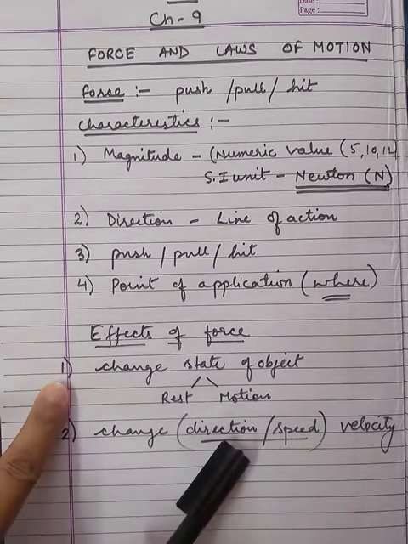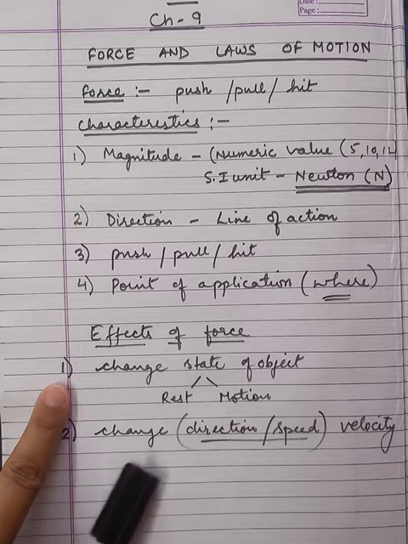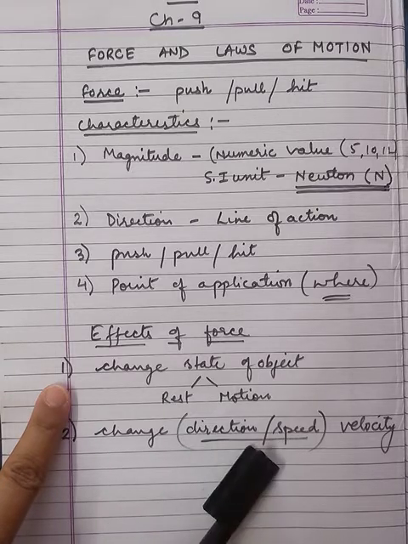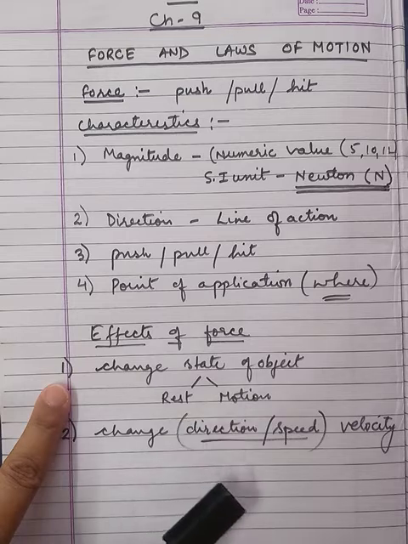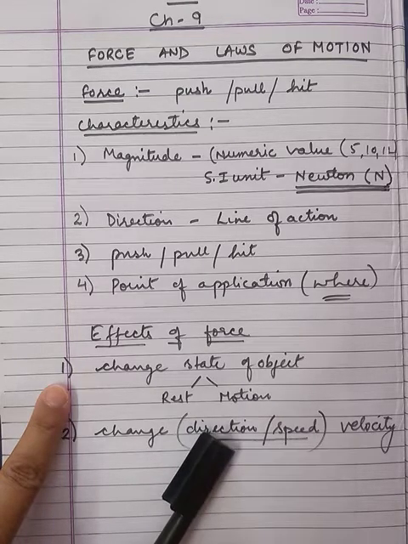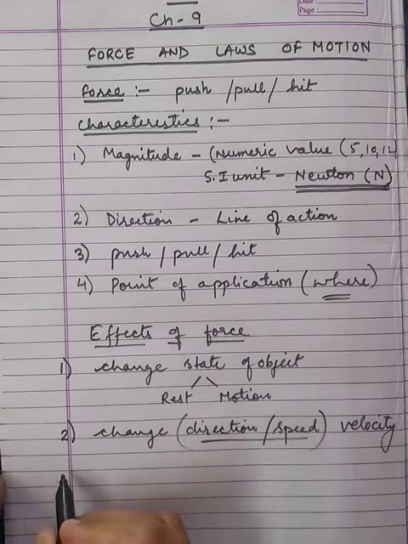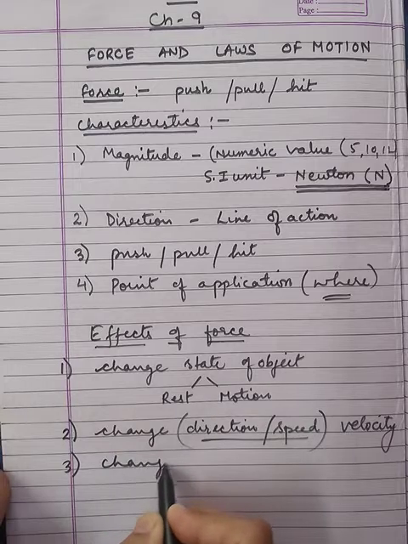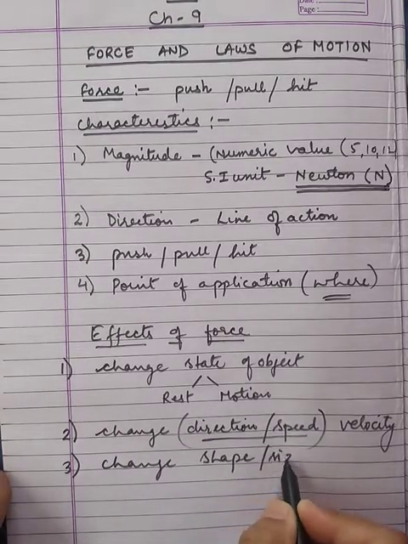How? That we can see with the example that if we are having a moving ball and we are kicking that ball in another direction, okay, one player is kicking the ball and another player is also kicking that moving ball, then its direction will change or its speed may also. So third one is it can change the shape or size of an object.